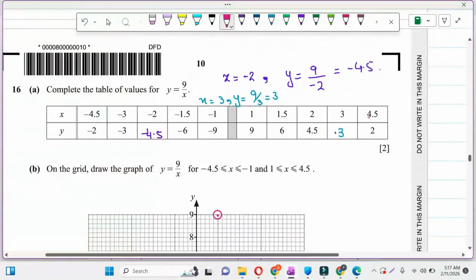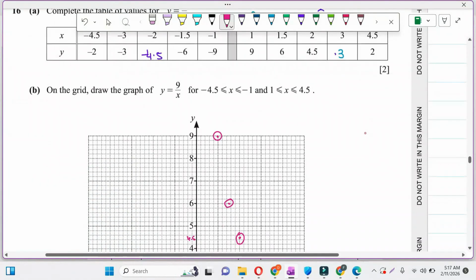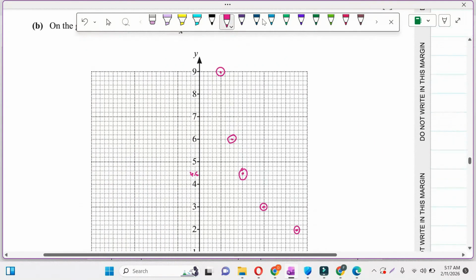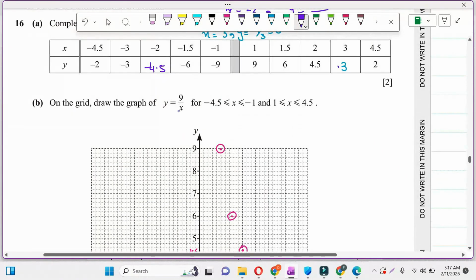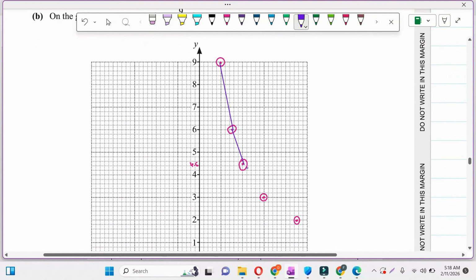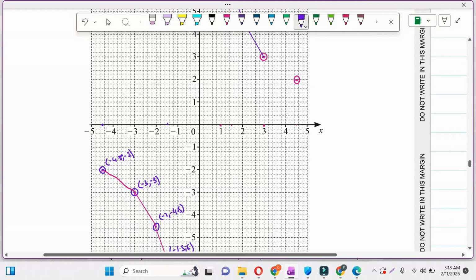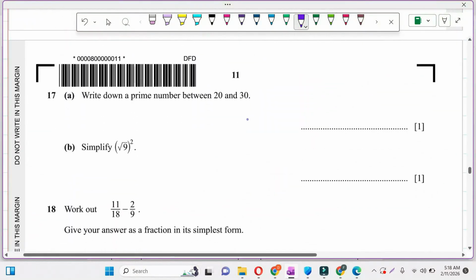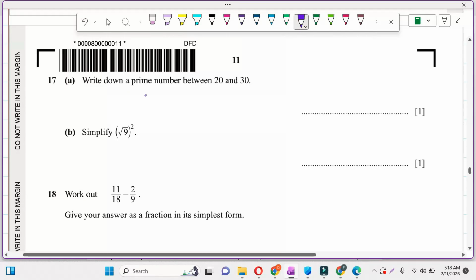And when we have the x coordinate 4.5, we have the y coordinate 2. So joining these points, we will have the graph of y equals 9 over x.